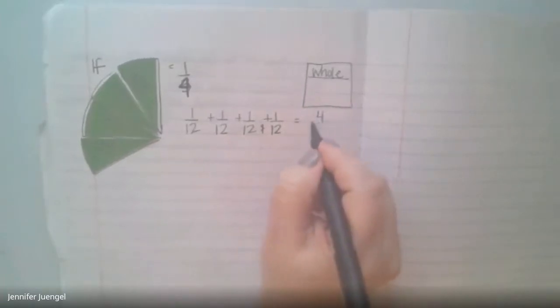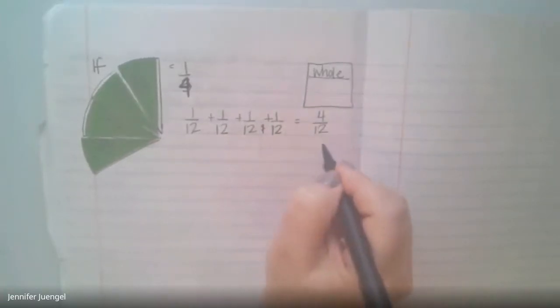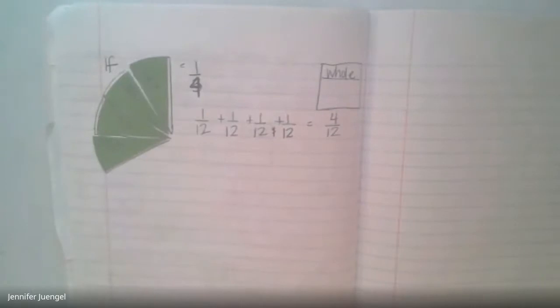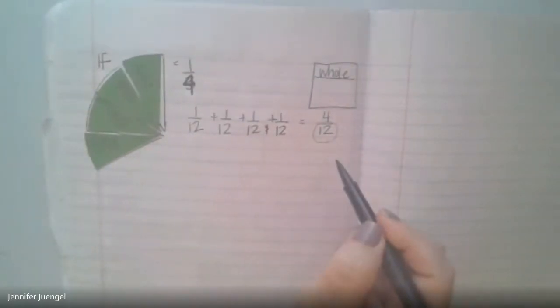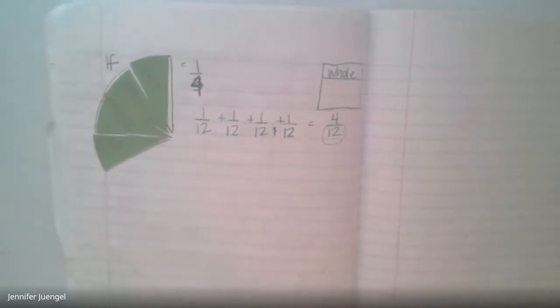So 4/12, I need to find another fraction circle that's a multiple of 12. So I'm going to want to find something smaller than 12, but something that I can skip count by and get to 12. Let's see.